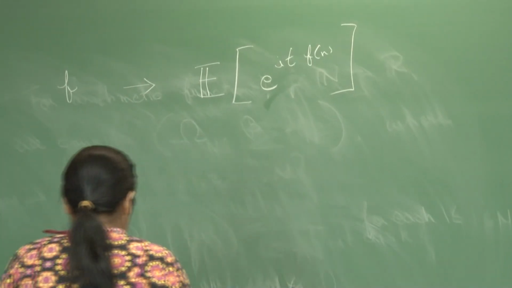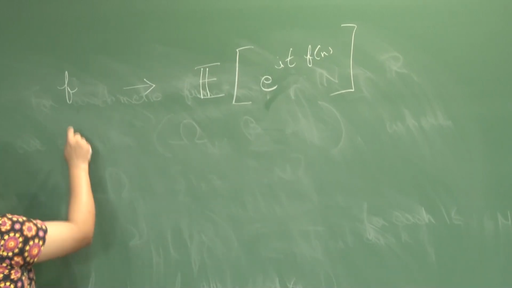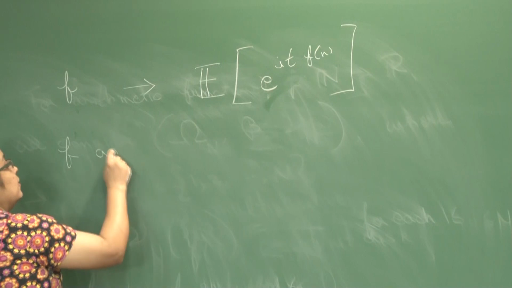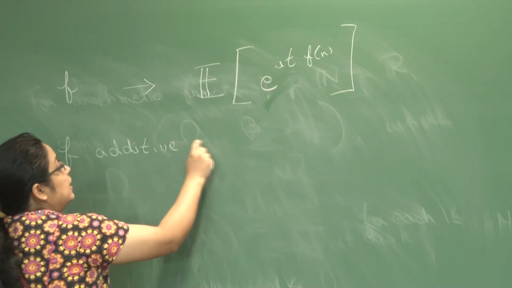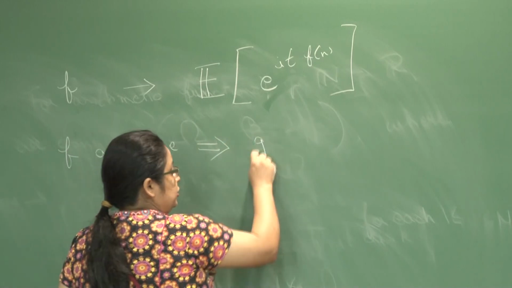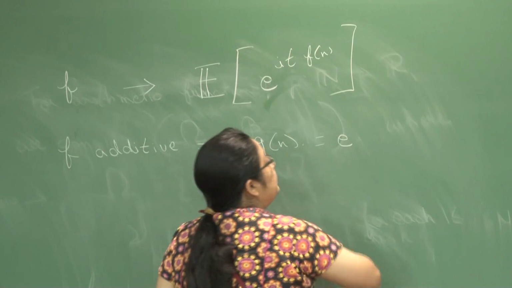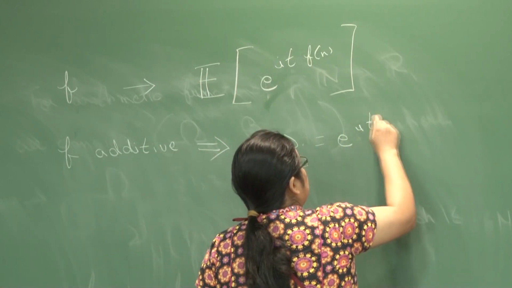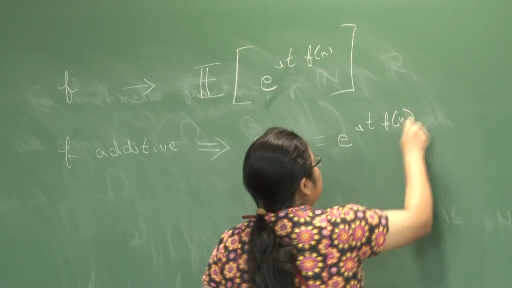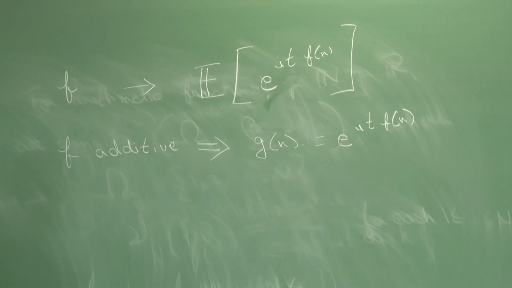And notice, if f is additive, it implies that the function g of n, which you define as e raised to the i t f of n, where t is any real number, this function will turn out to be multiplicative.